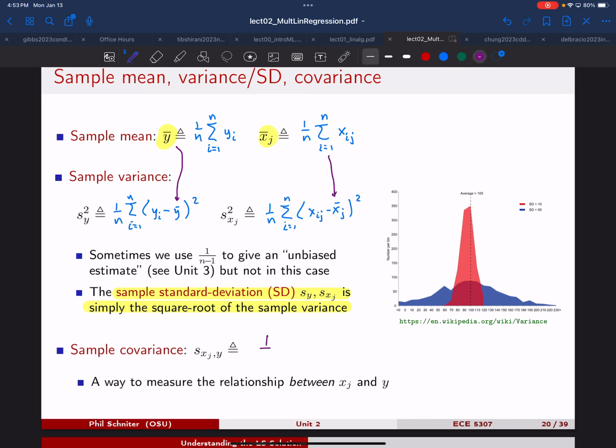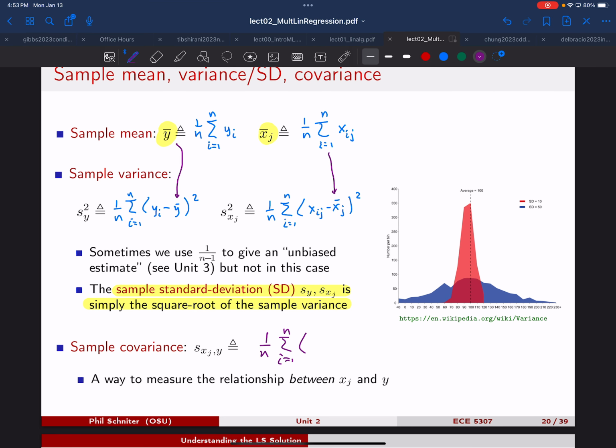This has a form similar to the variance, but you take x_ij minus its mean, times y_i minus its mean. This is one way of measuring the relationship between those two quantities. All right, so we have the mean, variance, covariance.